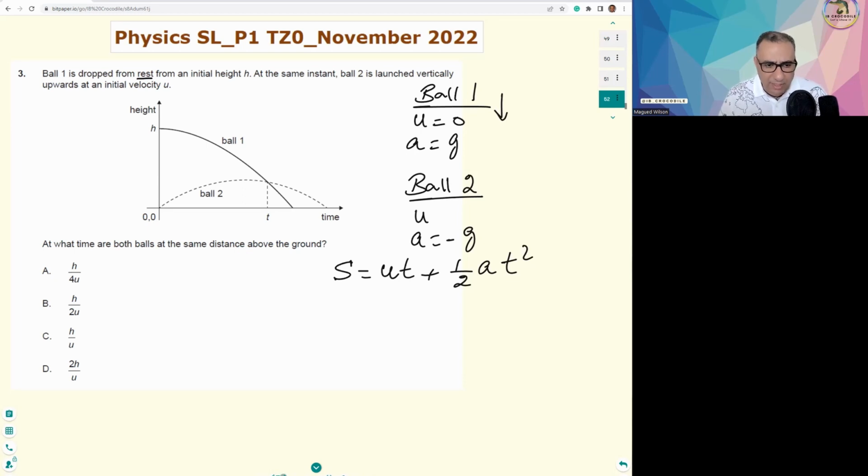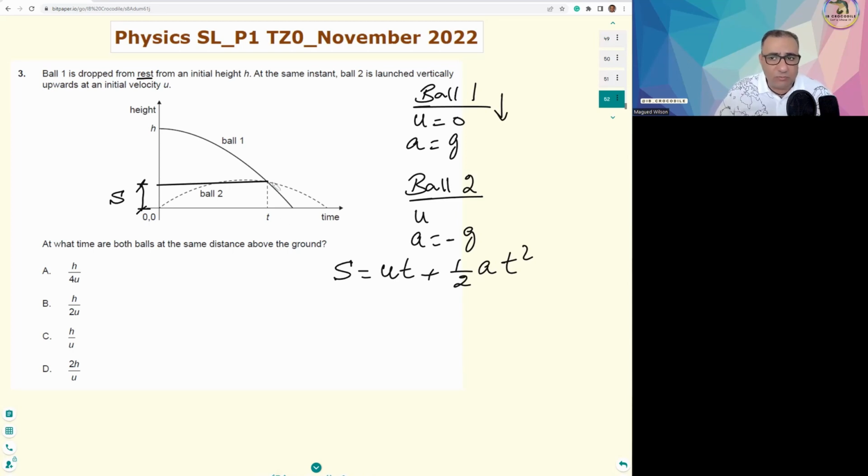Here I have the vertical distance reached by ball 2, and it is the same time when ball 1 also meets it, so the same distance above the ground, as in the schematic. Let me call this distance s. This is the vertical distance traveled by ball 2.